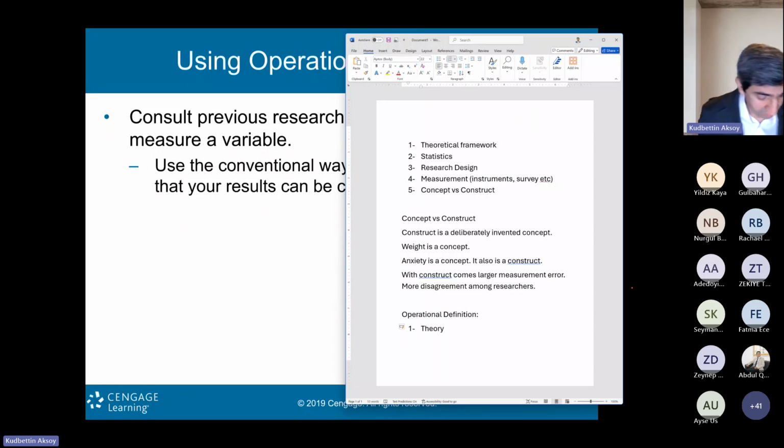There is a theory, like social cognitive theory, Piaget's cognitive development theory, or classical conditioning theory.